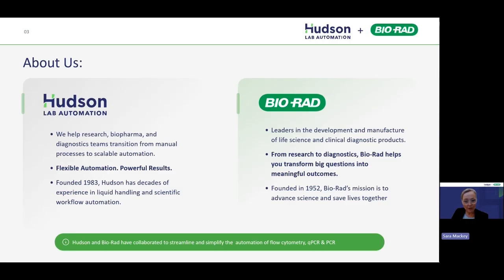We help research, biopharma, and diagnostic teams transition from manual processes to scalable, flexible automation. So Hudson and Bio-Rad have collaborated closely to streamline and simplify the automation of flow cytometry, qPCR, and PCR workflows, enabling labs to scale automation in a practical, stepwise way.